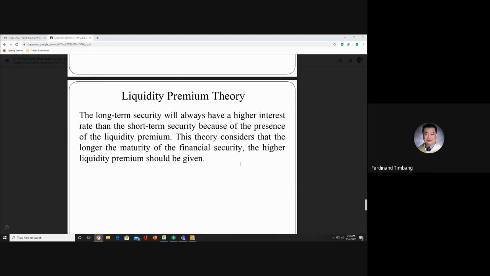Habang tumatagal, dapat yung premium daw ay tumataas. Okay? So ganun lumalabas siya. Habang tumatagal yung maturity, tumataas yung liquidity premium natin. Parang katulad nga siya ng maturity risk premium.